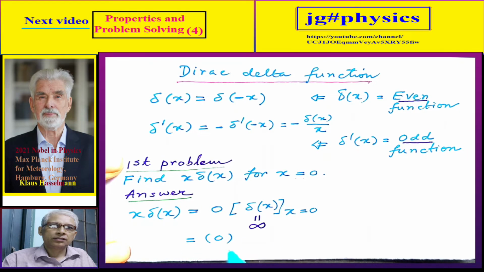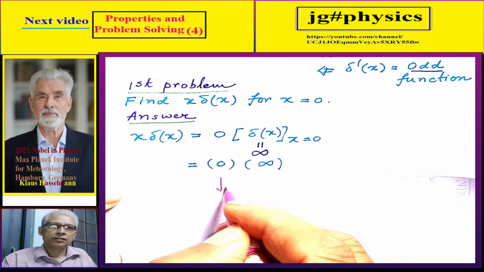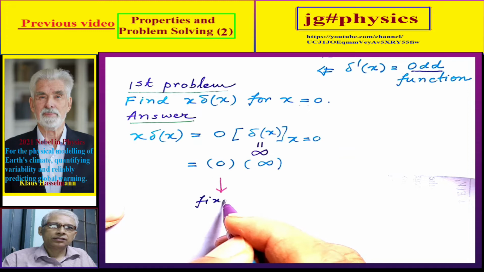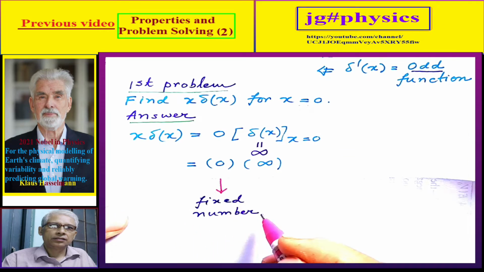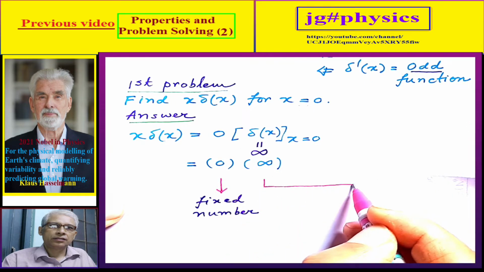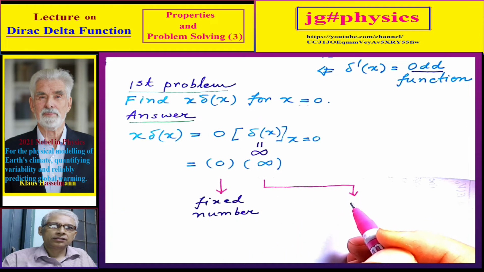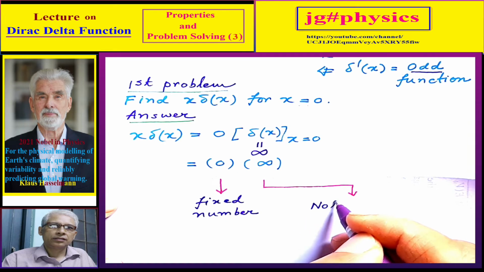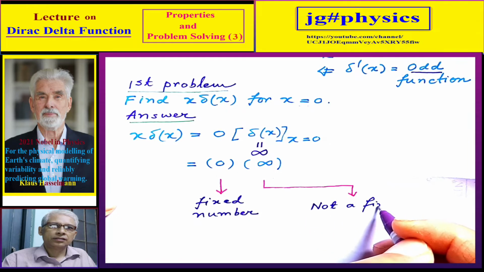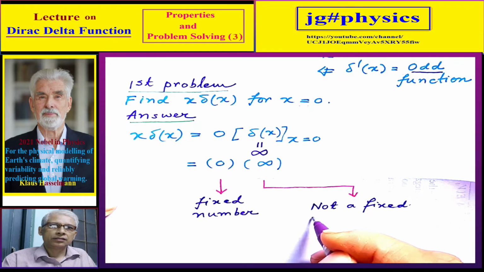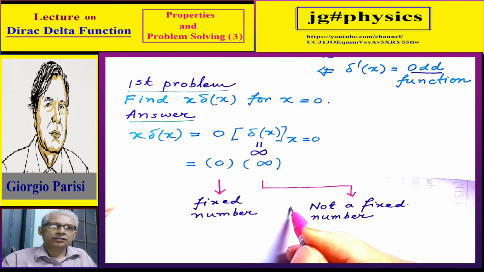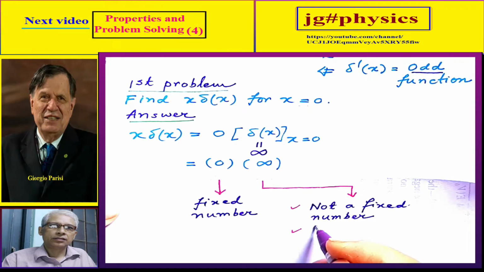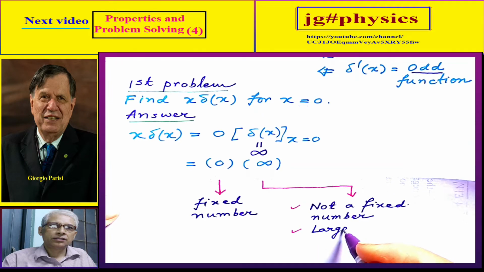infinity. Now the number 0 is a fixed number, and what about infinity? Infinity is not a fixed number. It is different for different people. It is a very large arbitrary number.